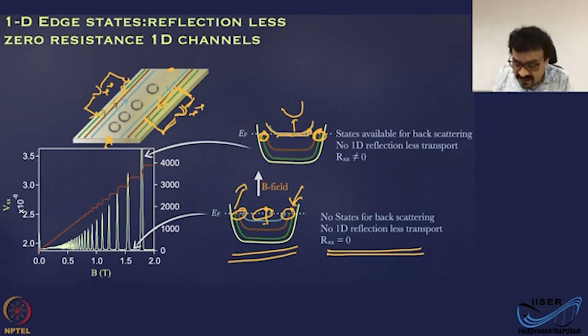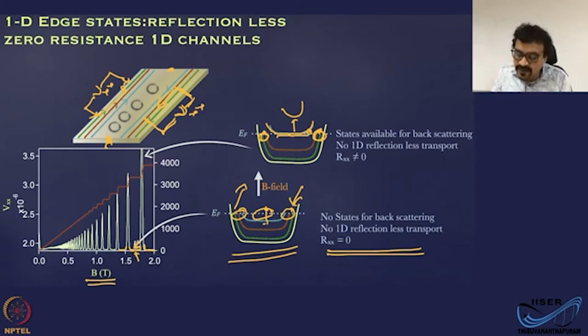That means you can see this fluorescent green colored curve hits zero resistance periodically as a function of magnetic field. So this situation corresponds to one of the valleys, the zero resistance region of this curve.